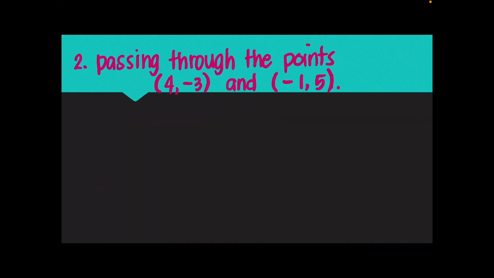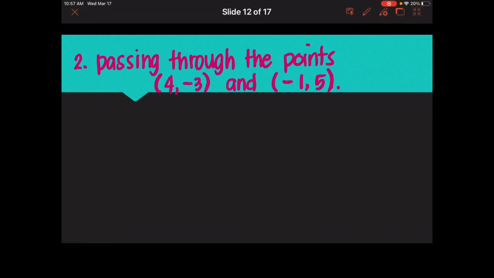Example number 2. Passing through the points (4, negative 3) and (negative 1, 5). So this again represents our x sub 1, y sub 1, x sub 2, and y sub 2.